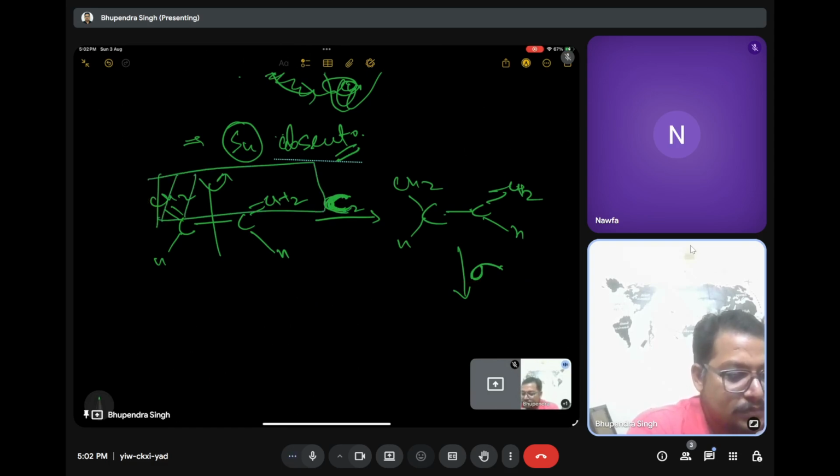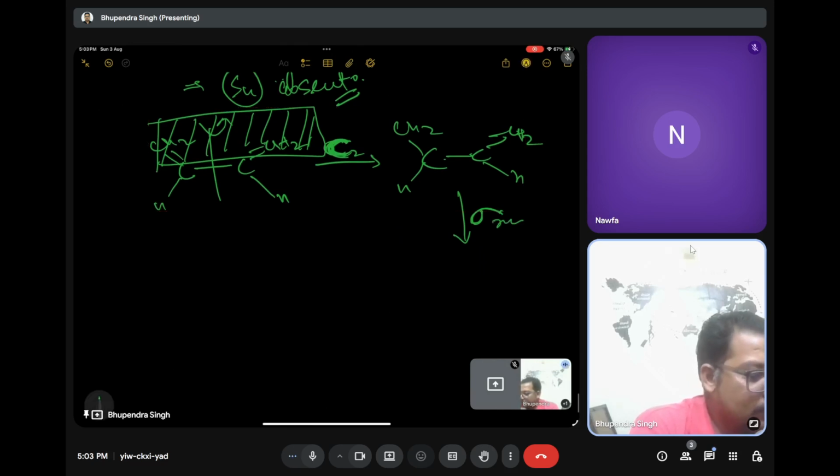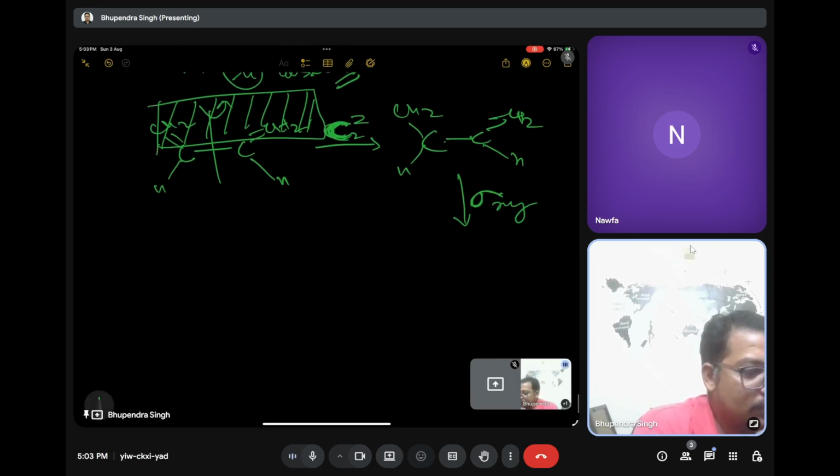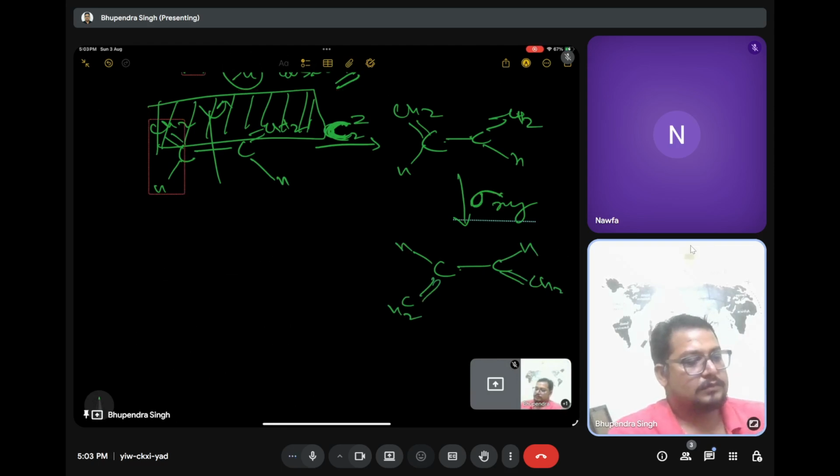This is your sigma h. I would say it is sigma xy if that was Z. So your molecule will look like this.